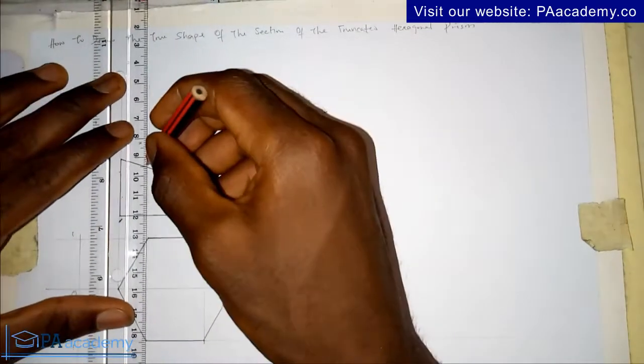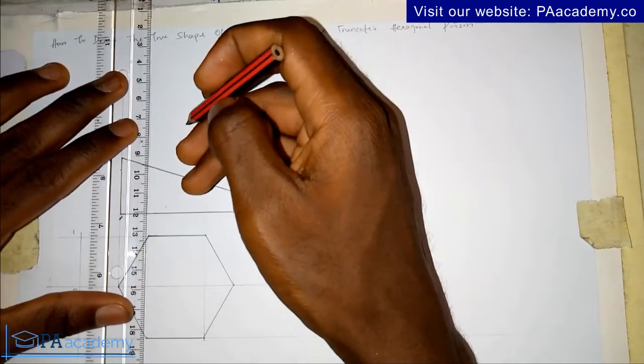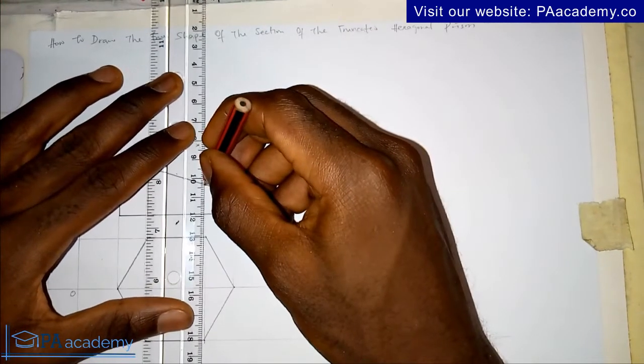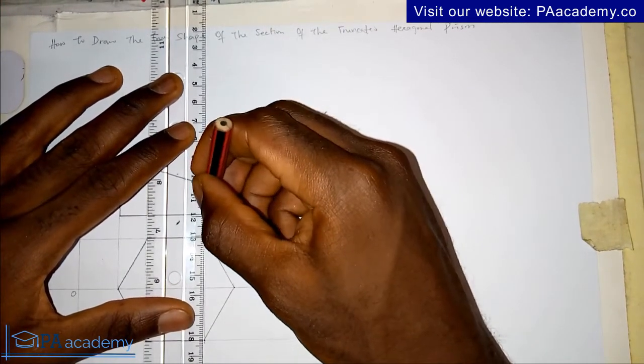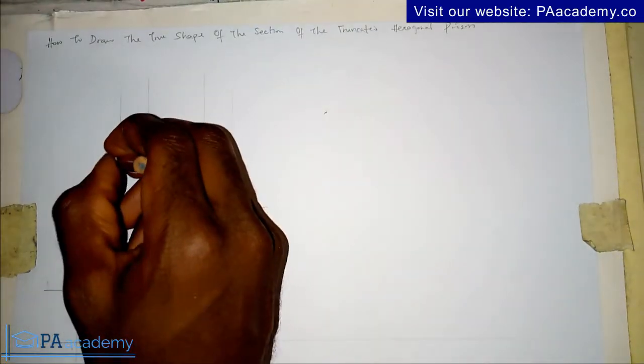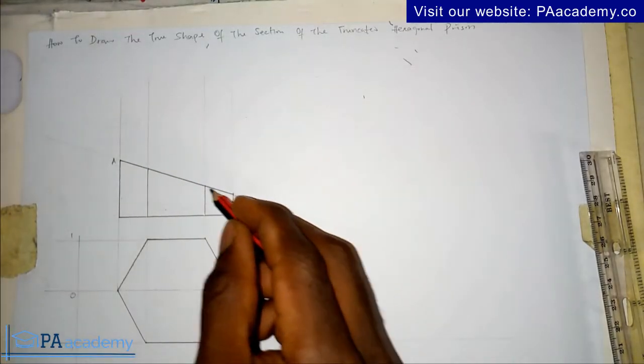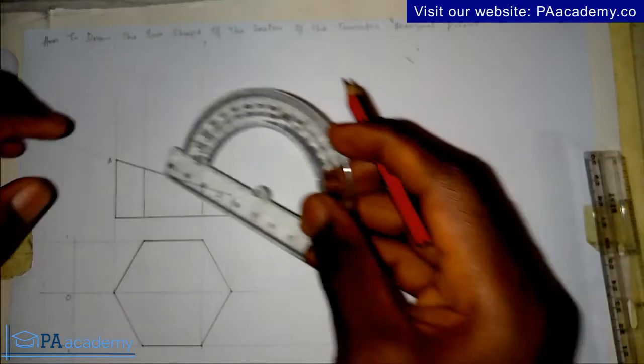So you draw this based on the length that you are working with. So let's call this point A and then point B. The next thing is, from each of these points, I always like to use an angle of 90.